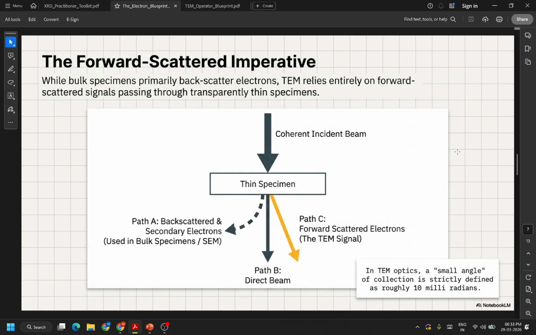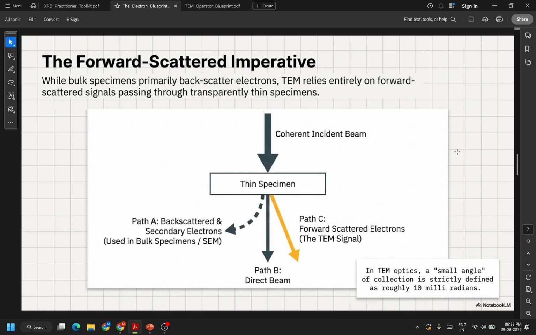When a coherent beam is hitting a thin sample, first there will be scattered and backscattered electrons, which come out from the top of the sample, which are used in SEM. Then there will be a beam going directly down path B. That is not taken because it consists of inelastic electrons also.